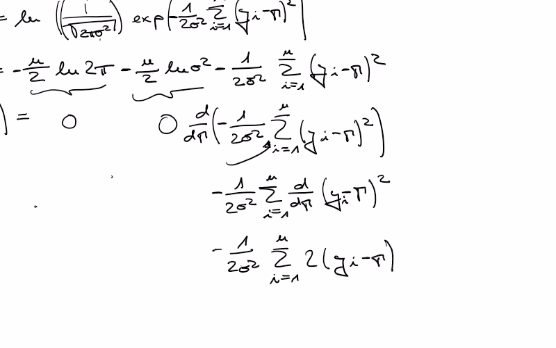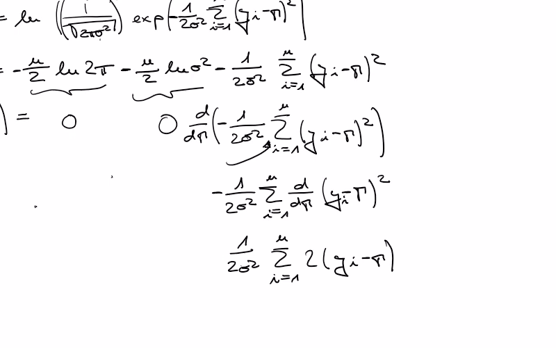And now if you do the inner derivative, the derivative of minus mu, you get -1, so the negative sign goes away.